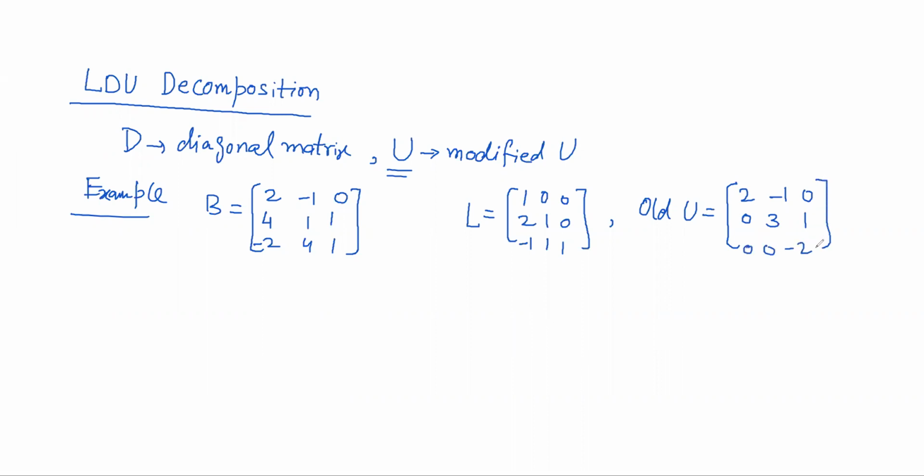So that was its old upper triangular matrix. If you take L and multiply by U, you will get B. But in this LDU decomposition, L will remain the same, new and old.